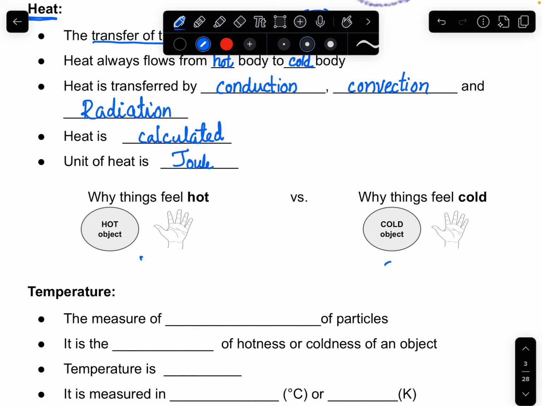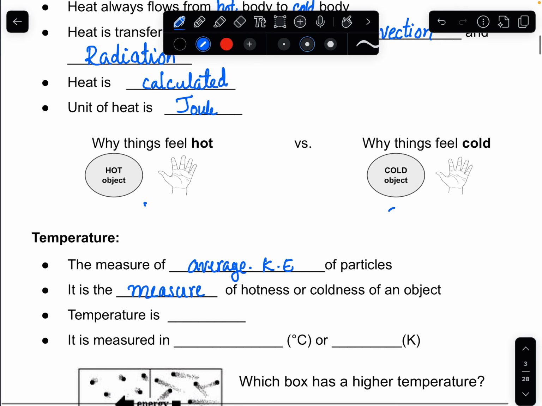Kinetic energy. So temperature is a measure of the average kinetic energy of particles. Or in simple language, it is a measure of the hotness or coldness of an object, right?